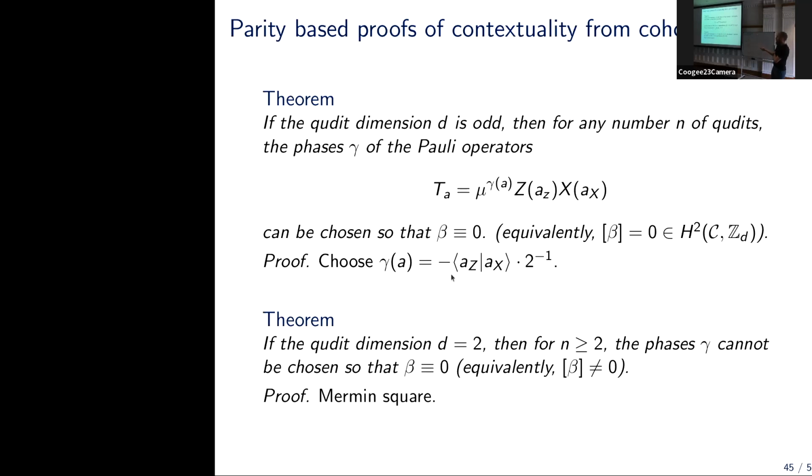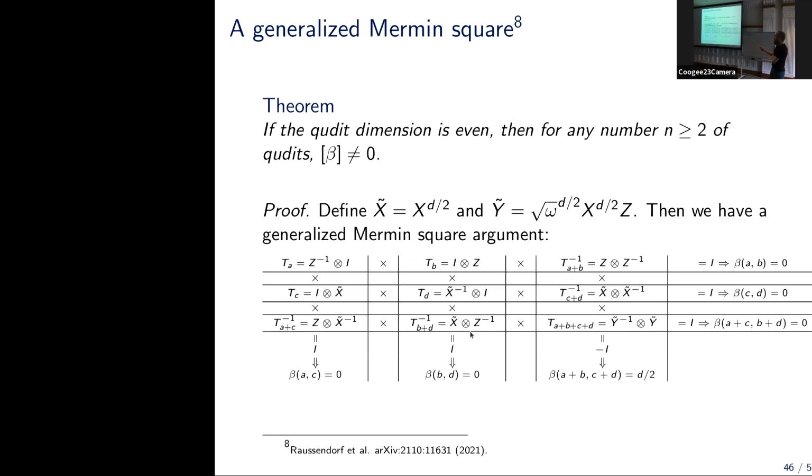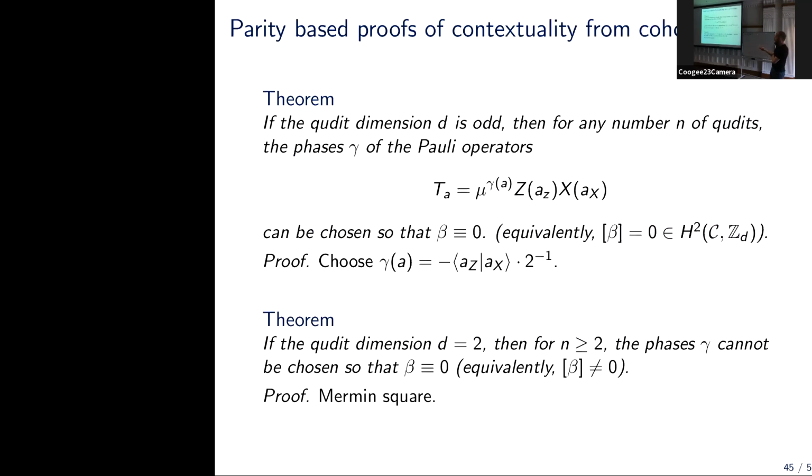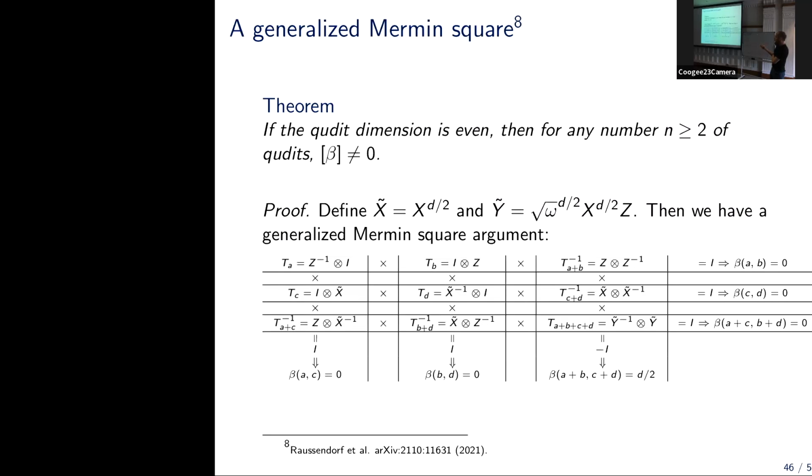This was known already. For qubits, you have the Peres-Mermin square, which says you can't choose the phases so that beta is identically 0. This is actually true for any even dimension. So previously it was known for qubits. It's true for any even dimension, and the proof is by defining a generalized version of the Peres-Mermin square.